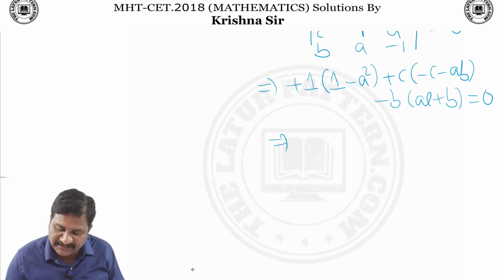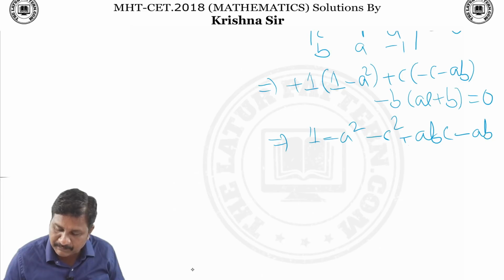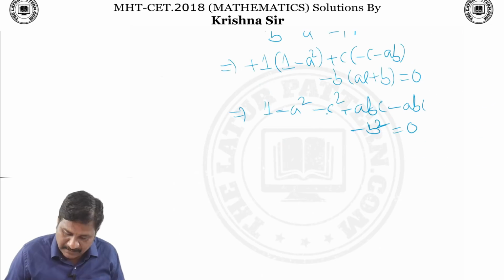Now simplify this. We have 1 minus a square minus c square minus of minus plus abc, similarly minus abc and minus b square, which is equal to 0.